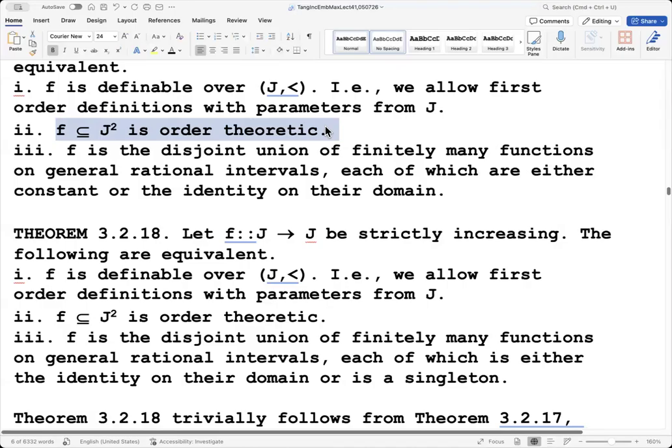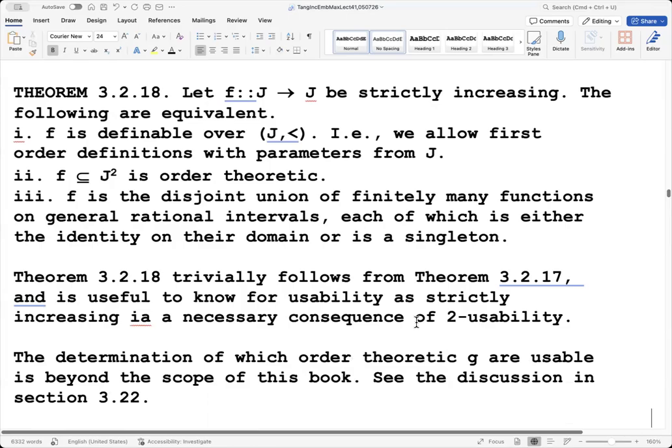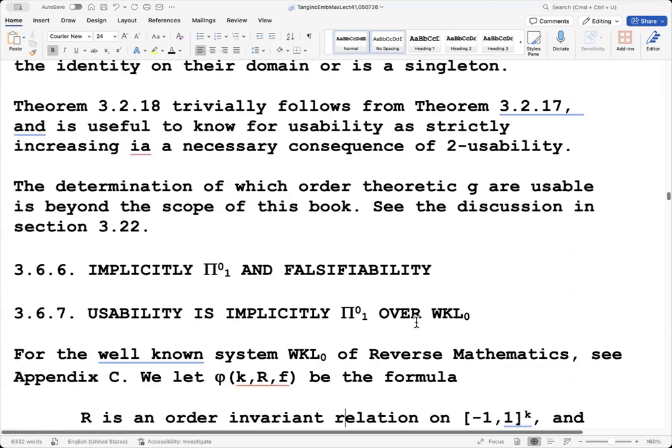In higher dimensions, it gets more and more involved, but in one dimension, i.e., contained in J squared, where J is an interval, well, minus 1, 1 for us, it has a very nice description. All right, we don't really need to get into it.